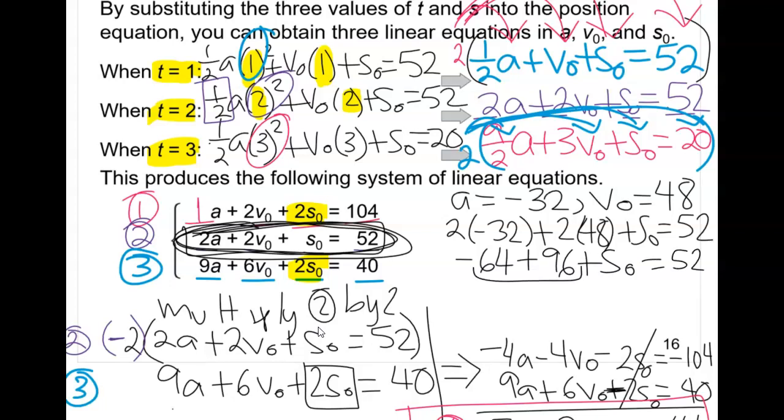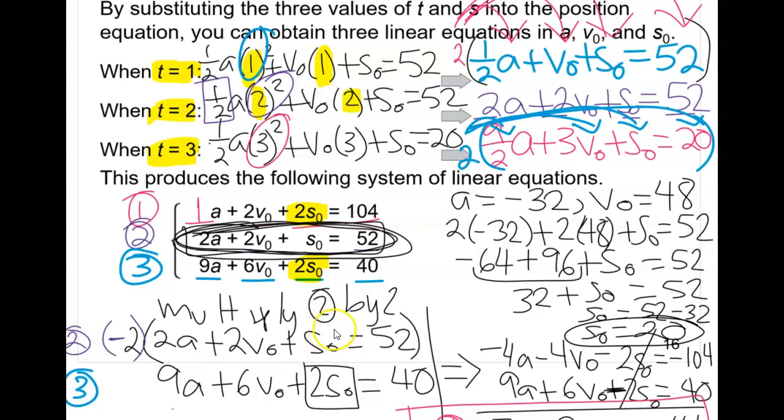So I'm going to add the numbers here. 96 plus negative 64 is 32 plus S sub 0 equals 52. So then S sub 0 is going to be 52 minus 32, which we all know is going to turn out to be 20.